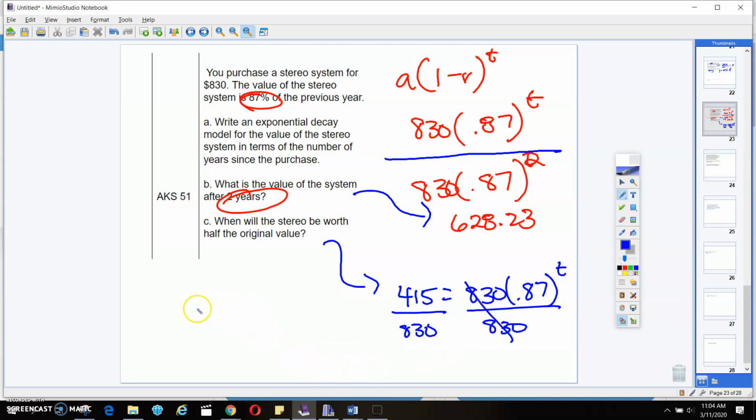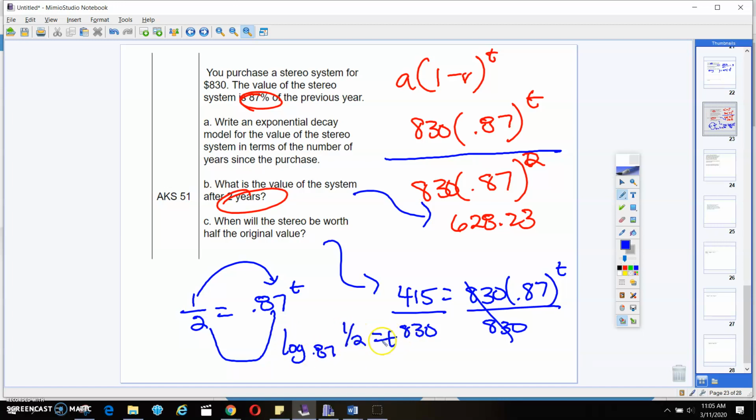And that's going to give you 1/2 equals 0.87 raised to the t power. Then you're going to put it into log form. So you're going to start your base, go to the outside, and finish out your exponent. So this is going to be log base 0.87 of 1/2 or 0.5 equals t.